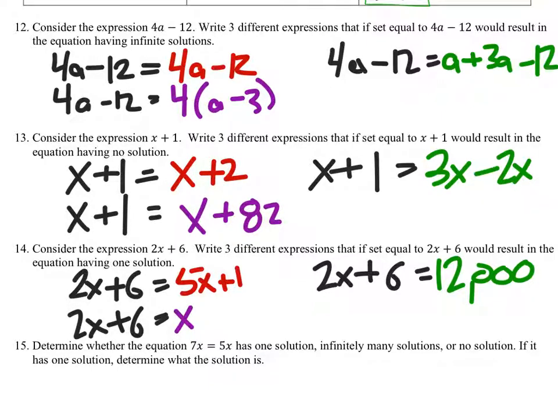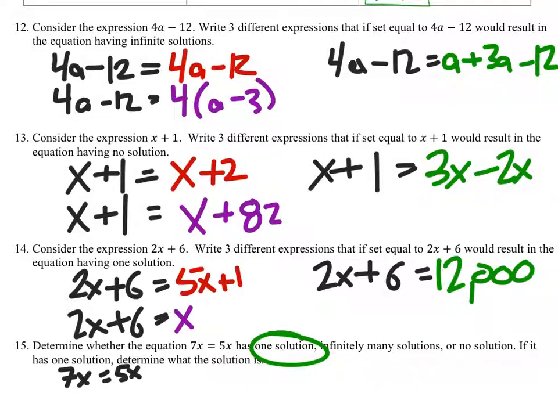Determine whether the equation 7x equals 5x has one solution, infinite solutions, or no solutions. If it has one solution, we'll figure out what that is. So if 7x equals 5x, there we have two expressions that would have differing slopes. It should have one solution. We just need to figure out what that is. So we got 7x equals 5x.